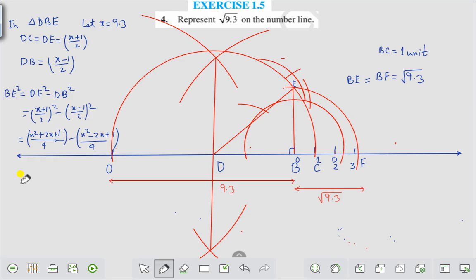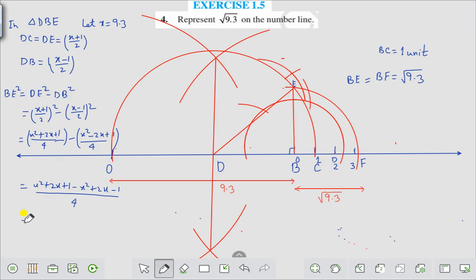Here you see x square plus 2x plus 1, minus x square, minus into minus plus 2x, minus 1 by 4, right?